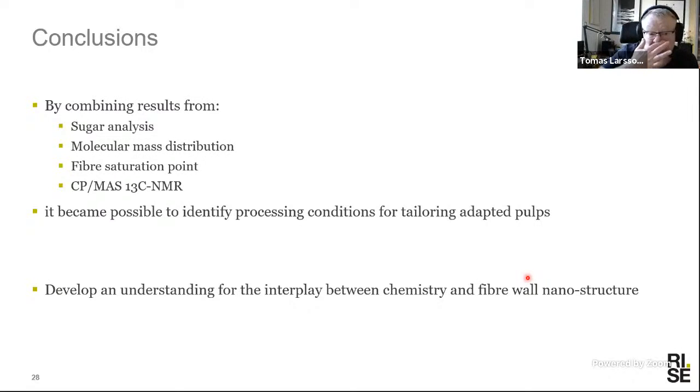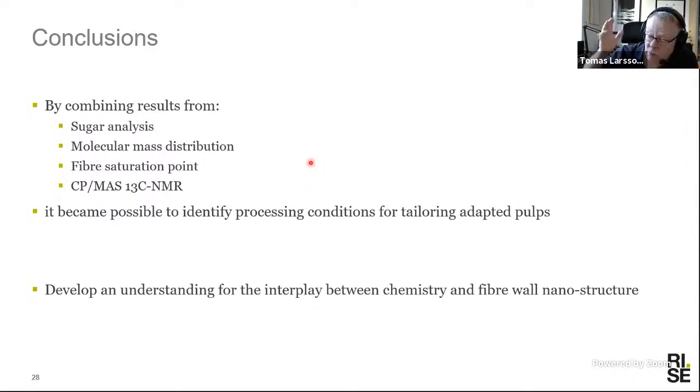We had the sugar analysis, the molecular mass distribution, the fiber saturation point, and the solid state NMR spectra. And by using these 4 additional techniques in this extended analysis package, it became possible to identify processing conditions for tailoring adapted pulps. I think that's the outcome of it all, that with these 4, there might be others.